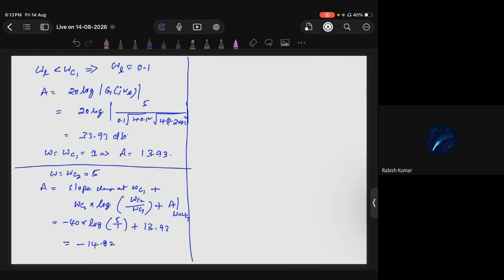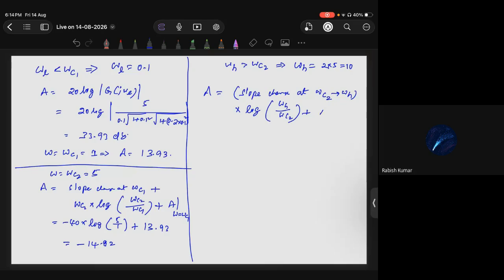Then you will choose omega h, which is greater than omega c2. Omega c2 is already 5, so omega h you'll choose, let us say, 2 times omega c2, that is 10. Here also you do the calculation. The slope change at omega c2 to omega h multiplied by log omega h by omega c2, plus the A value at omega equal to omega c2.